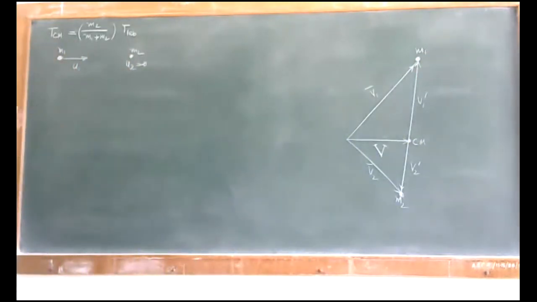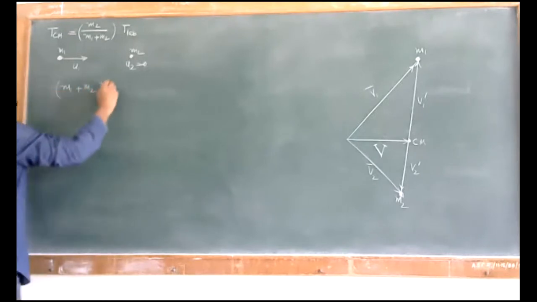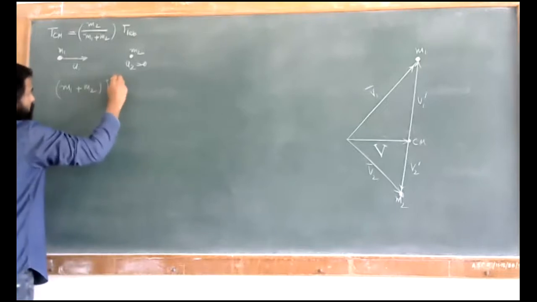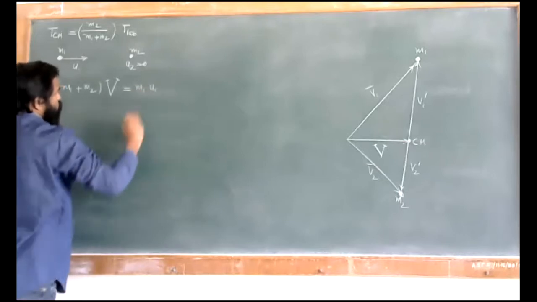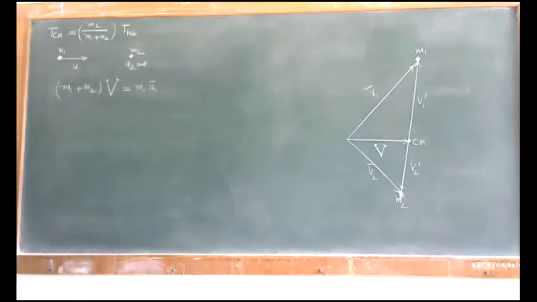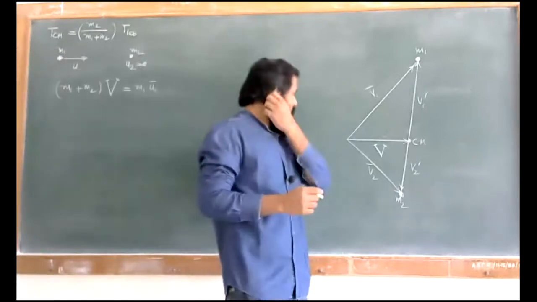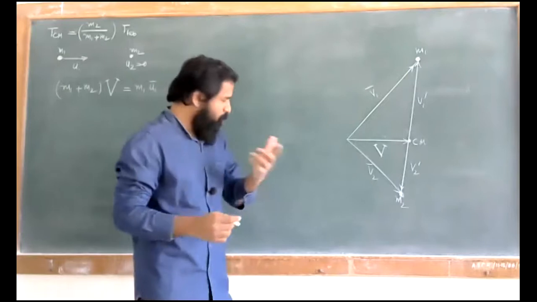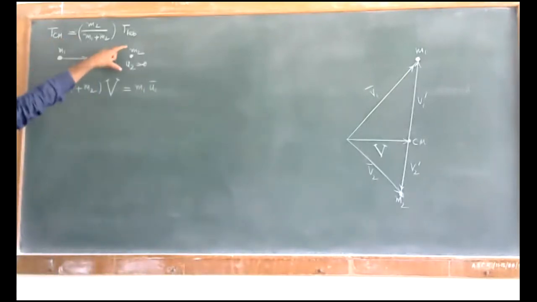So we have seen the relations between your masses and the conditions when your particle is approaching. Let us say your mass m1 is approaching towards m2.